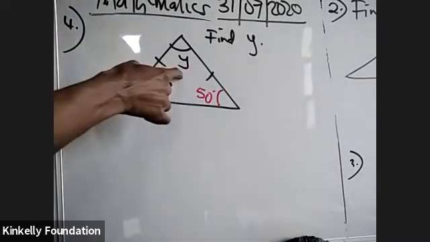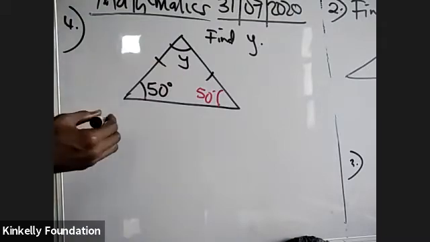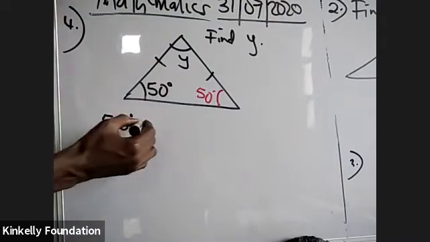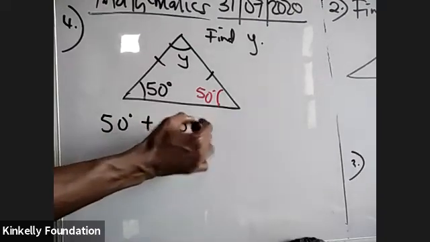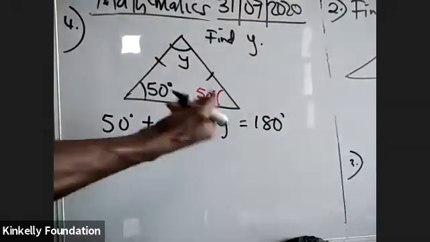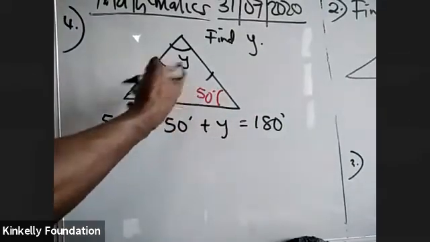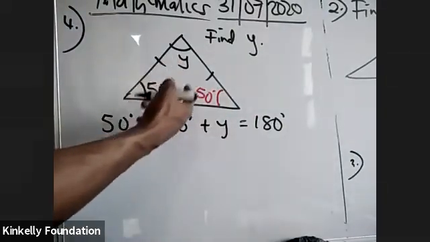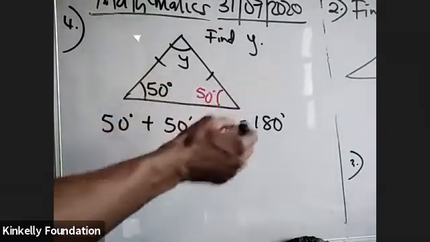Now, to find this one, we have 50 degrees plus 50 degrees plus y is equal to 180 degrees. Our reason is because the sum of angles in a triangle is 180.